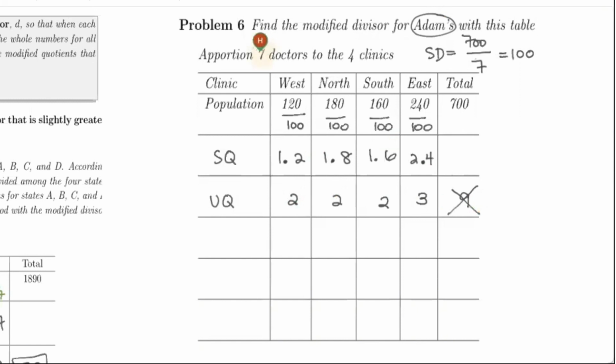So what we are doing here is taking a modified divisor. Modified from the standard divisor, always the larger number: 101, 102, 103, 104, and so on. Anyone have a number?